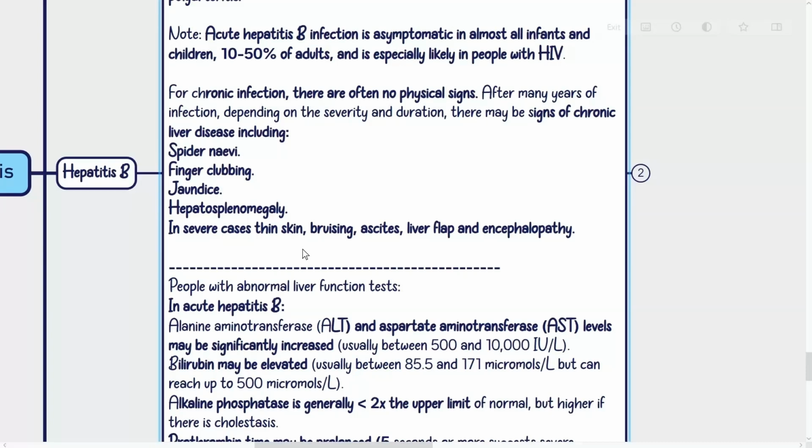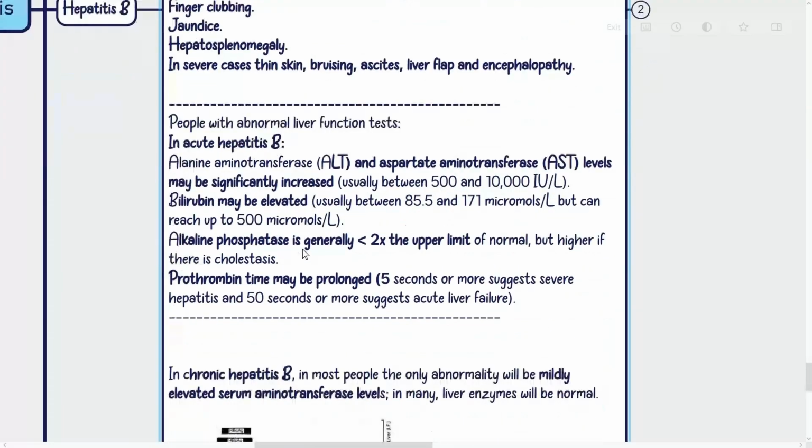People with abnormal liver function tests. In acute hepatitis B, alanine aminotransferase, ALT, and aspartate aminotransferase, AST levels may be significantly increased, usually between 500 and 10,000. Bilirubin may be elevated, usually between 85.5 and 171, but can reach up to 500.